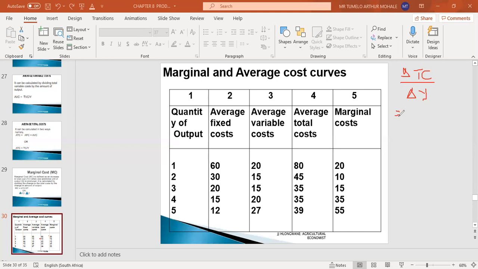And then let's calculate for one. For this one, we will have the change in total cost. It's just that we don't have the total cost here, right?